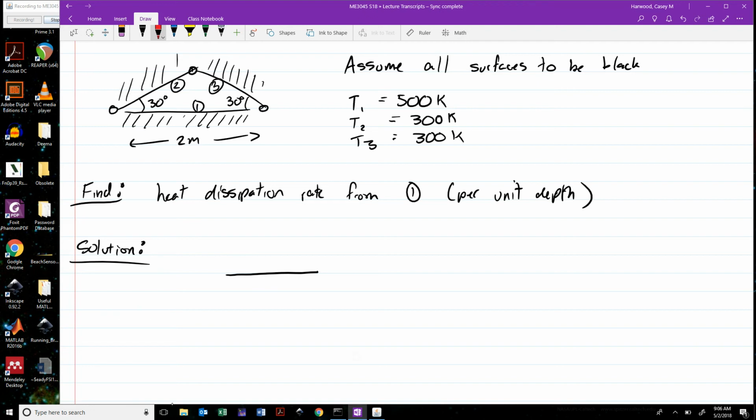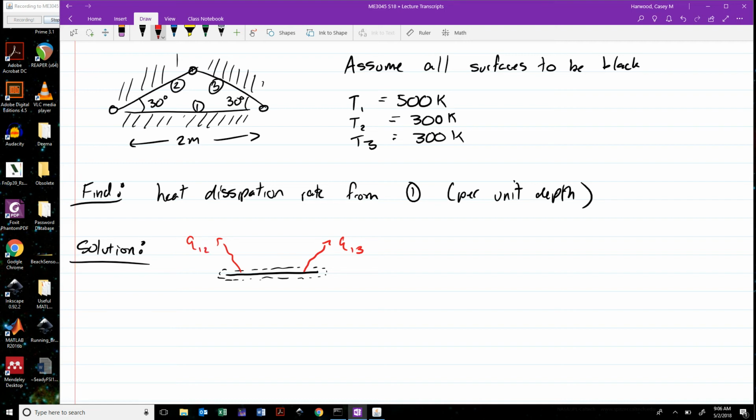We'll go ahead and sketch a control volume around this surface, and then start figuring out what the bookkeeping here looks like. So we know that there's going to be transfer of energy out, Q from 1 to 3 and from 1 to 2.